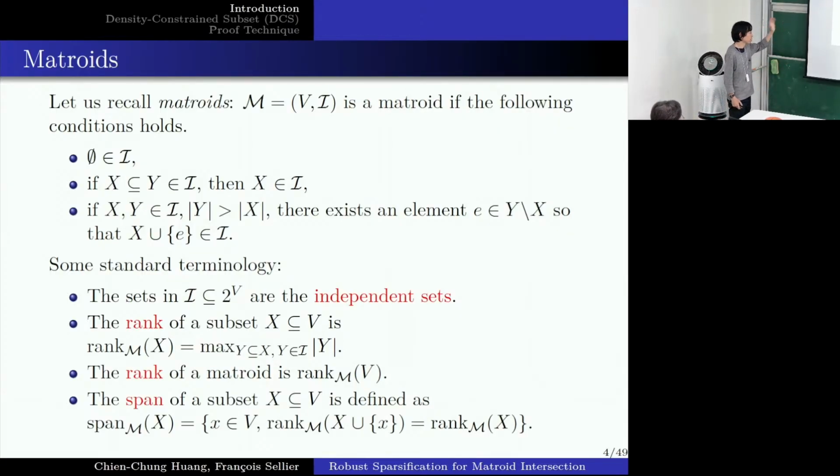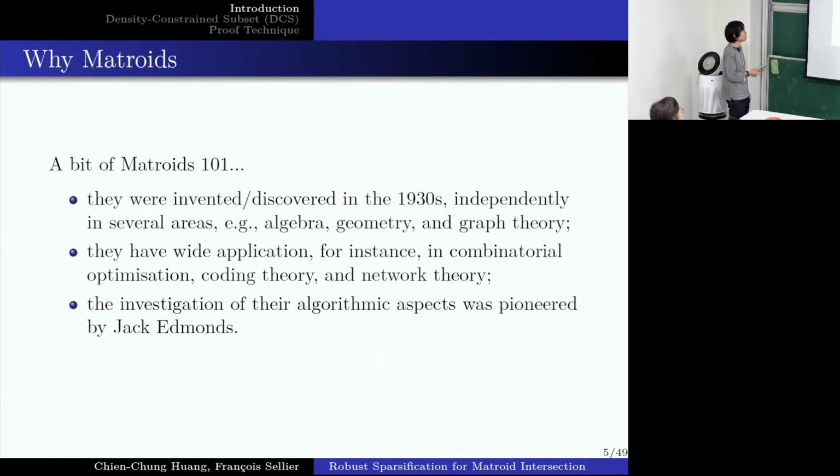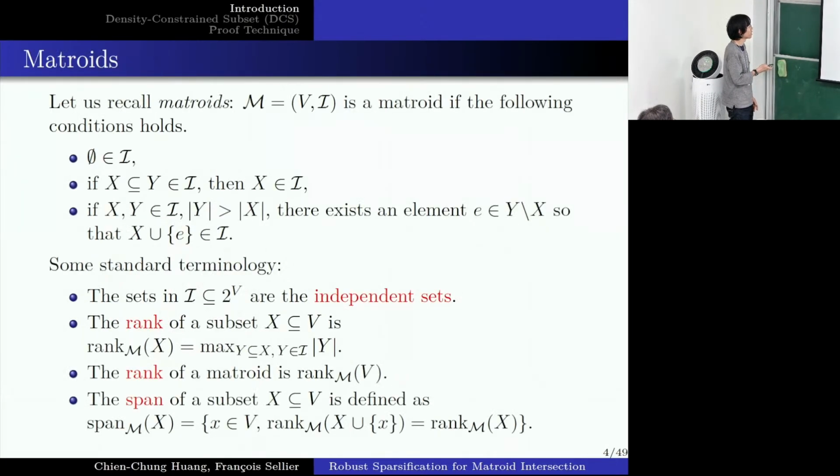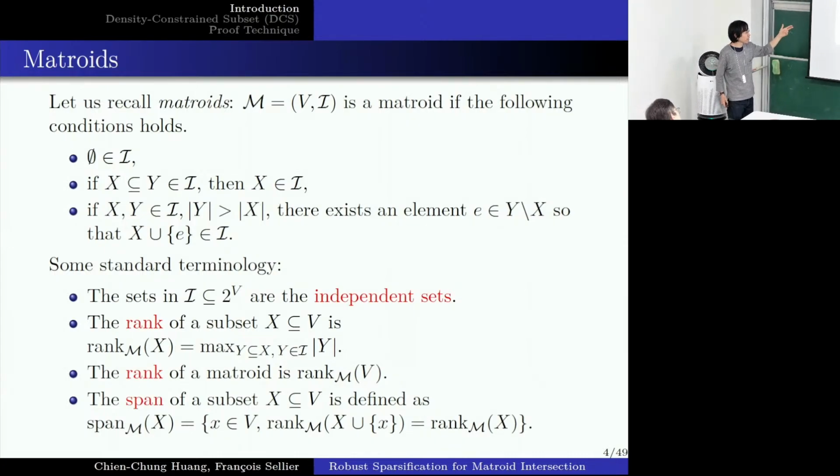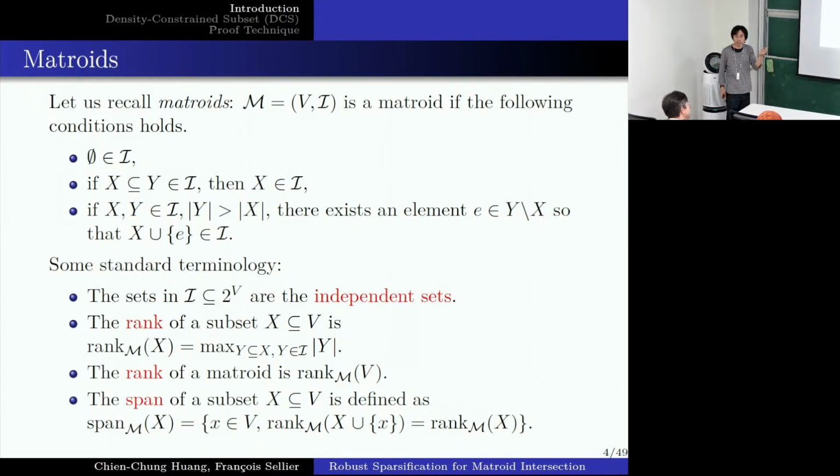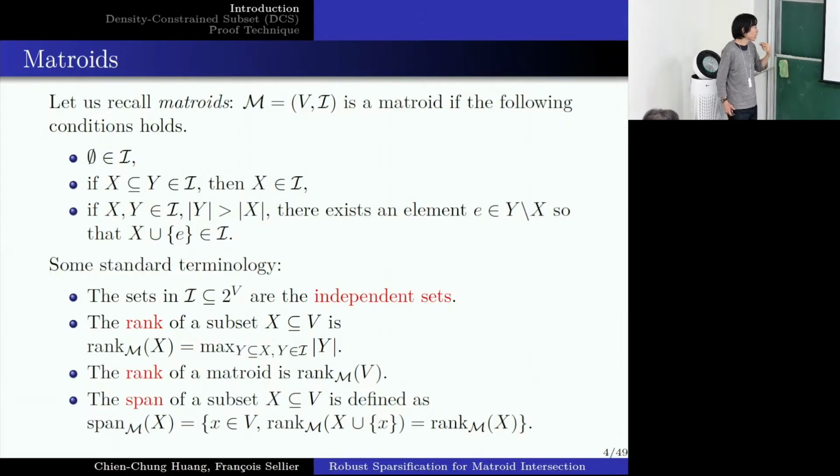All these are very standard terminology in the matroid literature. I is the family of independent sets, and you have the rank. The rank of a subset X is defined as the size of the largest independent set in it. You can also define the rank of the entire matroid.